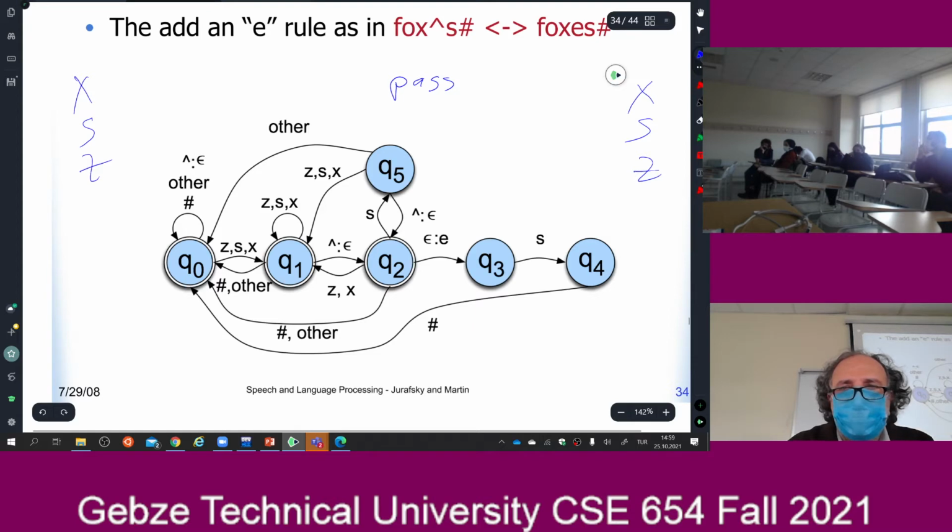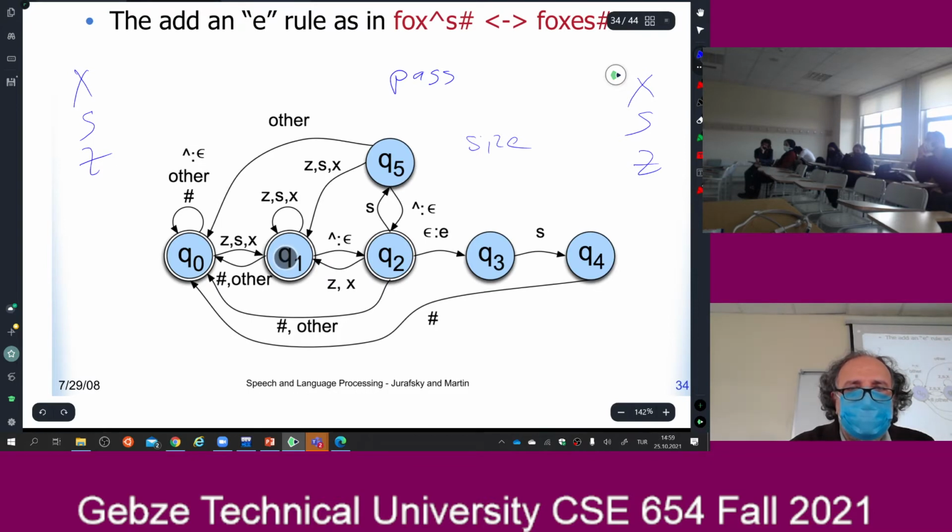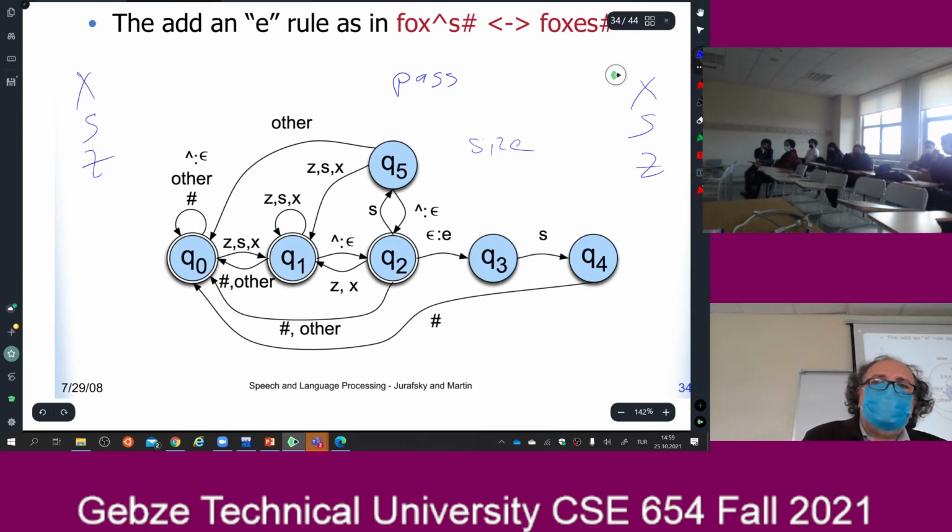When I say size, here s comes there, and then with the s I come here, then I got an I. Can I go anywhere? With the other I come back, and with the other I keep doing this. And when I get the z, so any occurrences of these three letters inside the words, I would go there and I will come back. But why don't I? Oh, because this is non-deterministic.